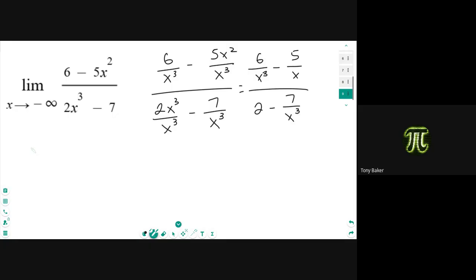And the limit rules say I can do the limit to each piece. I'm never going to have you do this out, ever. You can write it down so you see it, but I do not expect you to write this out like I'm writing it out right now. I'm doing this just so you can actually see what I'm going to be talking about.